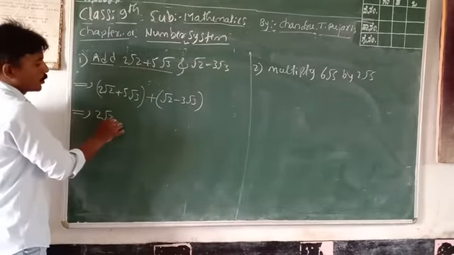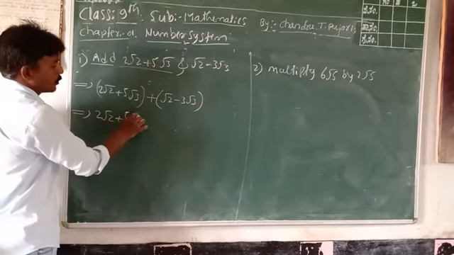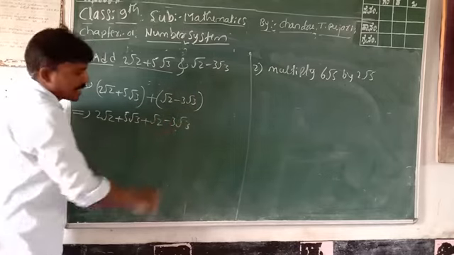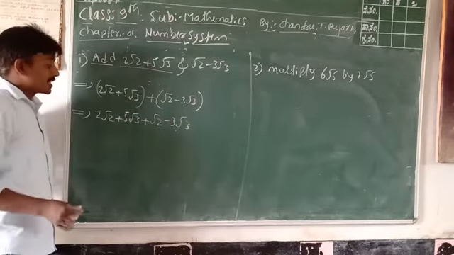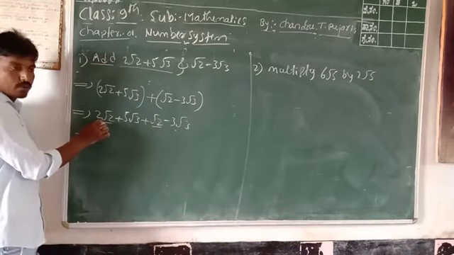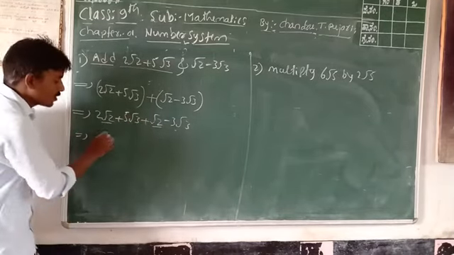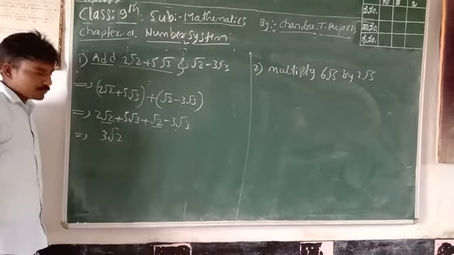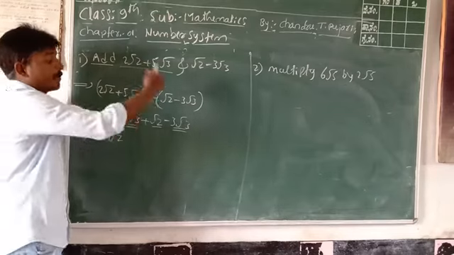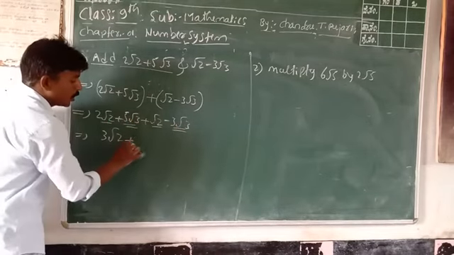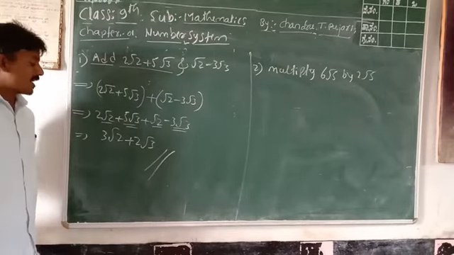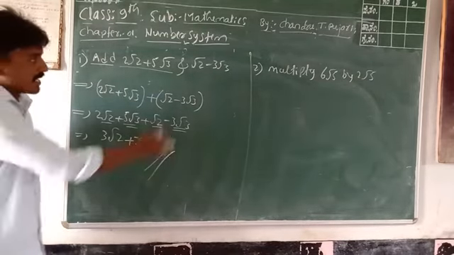You can take the root 2 terms separately: 2 root 2 plus root 2 is 3 root 2. Next, comparing root 3 terms, 5 root 3 minus 3 root 3 is 2 root 3. The answer is 3 root 2 plus 2 root 3.